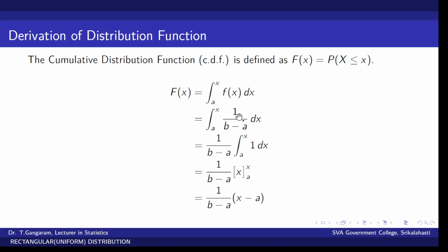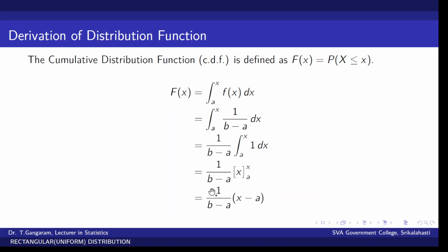Instead of f of x, we substitute 1 by b minus a. The 1 by b minus a comes out of the integral: 1 by b minus a, integral a to x, 1 dx. Integral of 1 dx is x. The range is from the minimum value a to the maximum x.